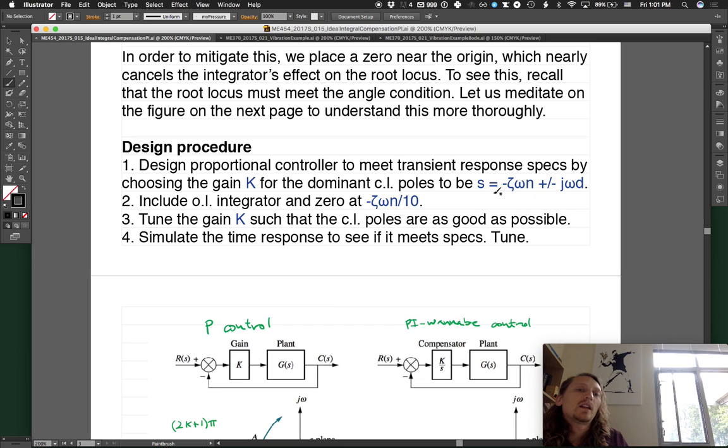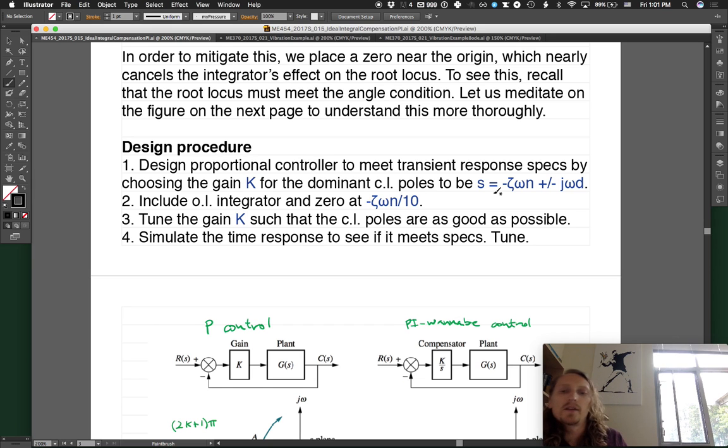What it's saying is we don't want to get too close to our dominant closed loop poles with this 0. We don't want to affect the transient response of the system too much. So we're going to try to pick this 0 to be on the real axis as close to the origin as is reasonable.